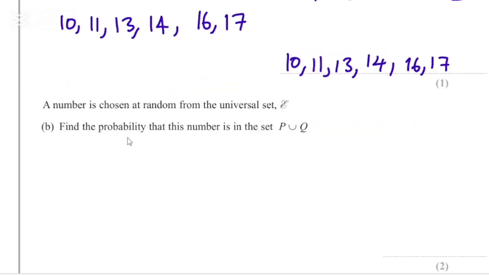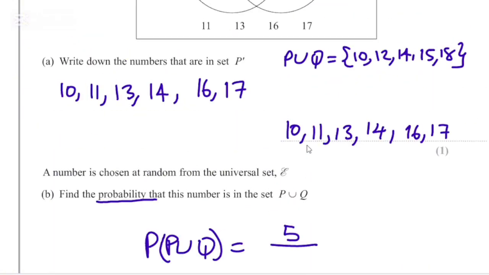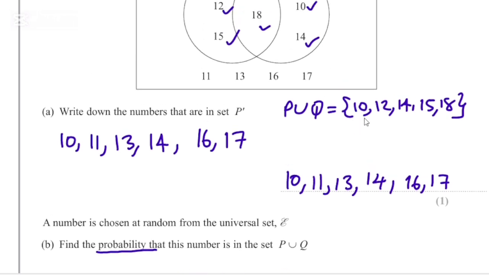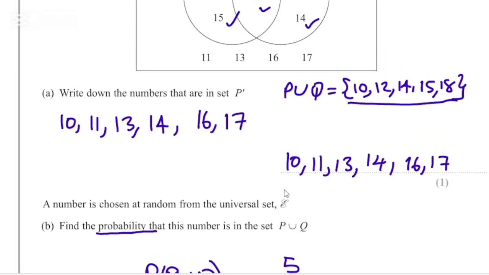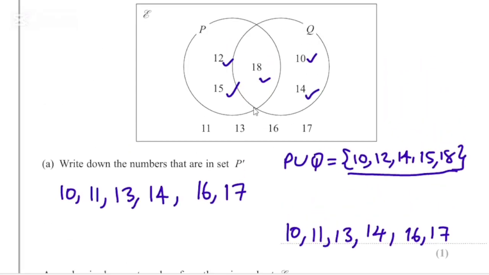So they are asking us to find the probability that the number is in the set P union Q. So we know that the probability of a number being found in P union Q is going to be, the numerator, we've said it's 5, all right? The numerator is 5 because these are the numbers that are making the set P union Q. Now, what will be the denominator?